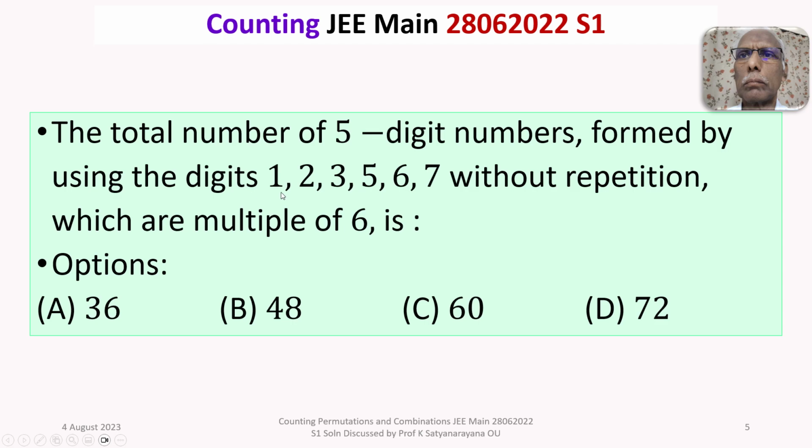So we are given 6 digits that are 1, 2, 3, 5, 6, 7, and we have to form the 5-digit numbers using these digits without repetition, and those numbers are to be multiple of 6.